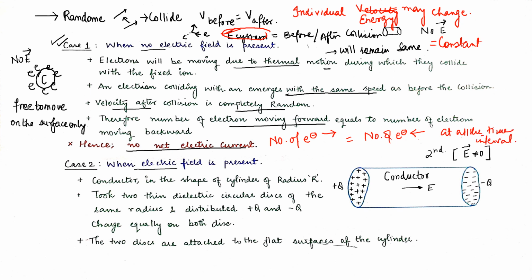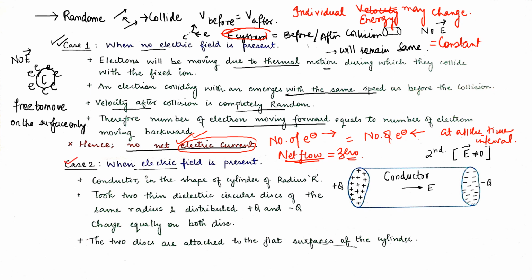So in such a case, there is no net flow of charges. The net flow seems to be zero. So there will not be any electric current because the net flow is zero.